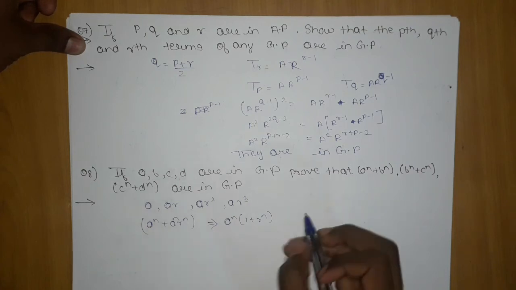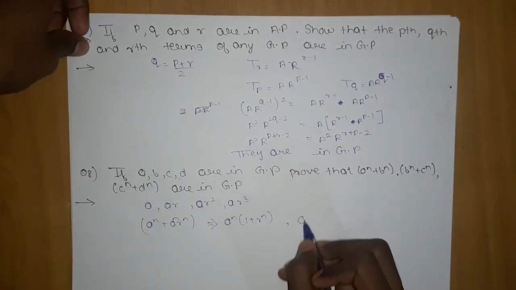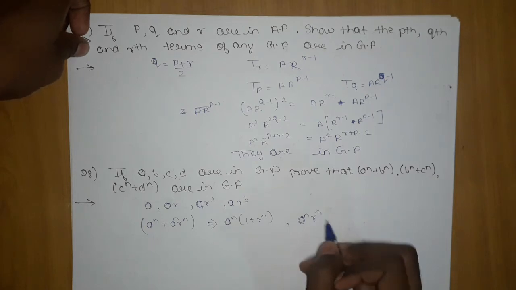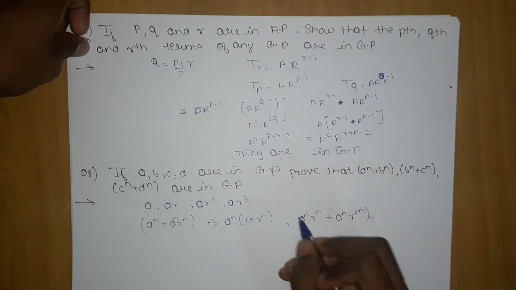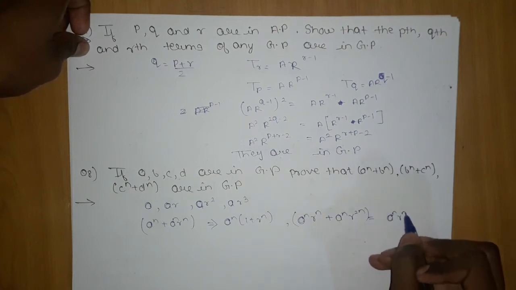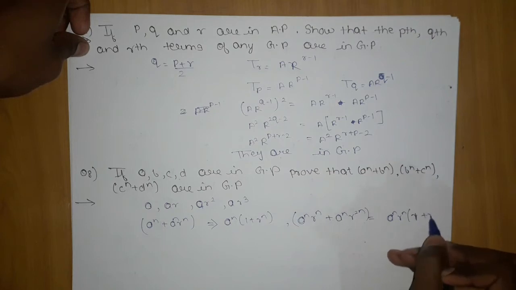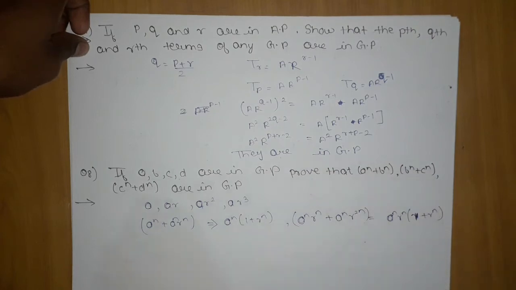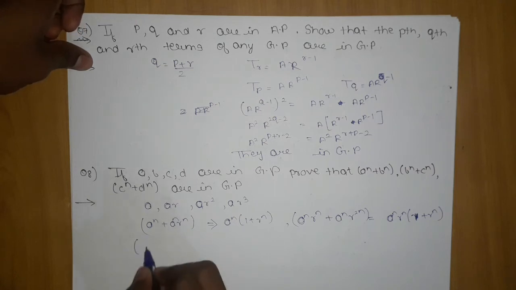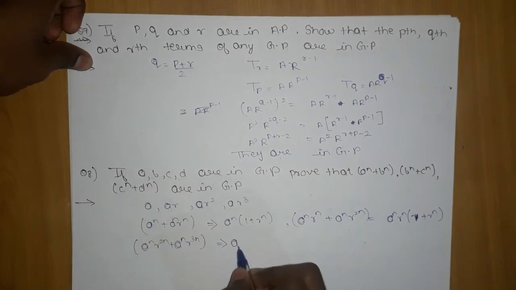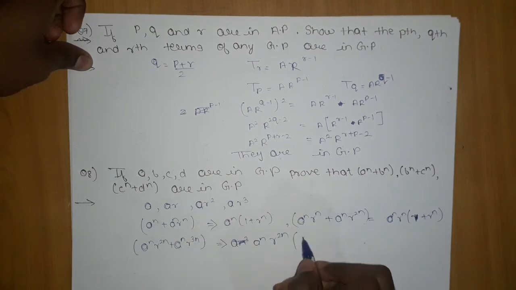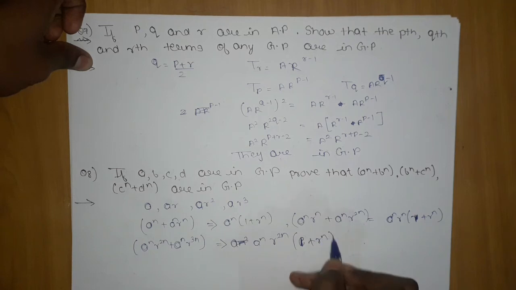Similarly, the second term will be A power n into R power n plus A power n into R power 2n. If I take A power n into R power n common, I have 1 plus R power n left. Similarly in the third term, A power n R power 2n plus A power n R power 3n, if I take A power n and R power 2n common, I have 1 plus R power n.